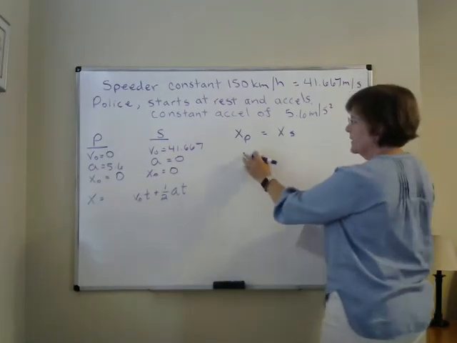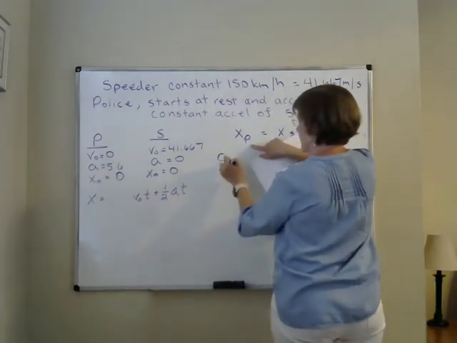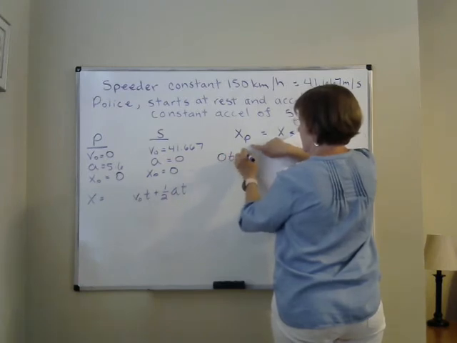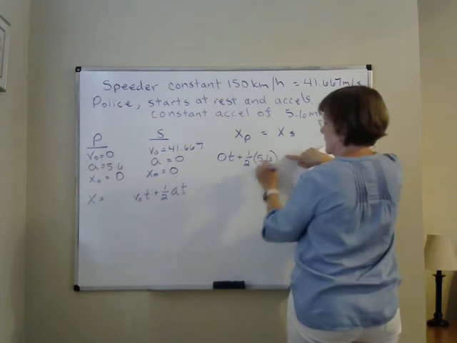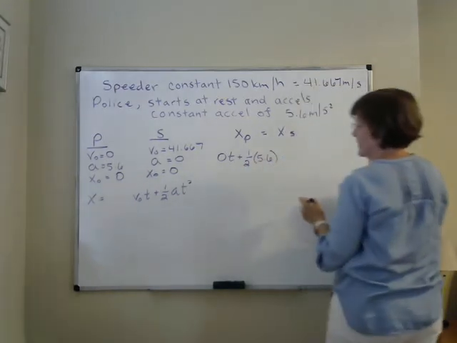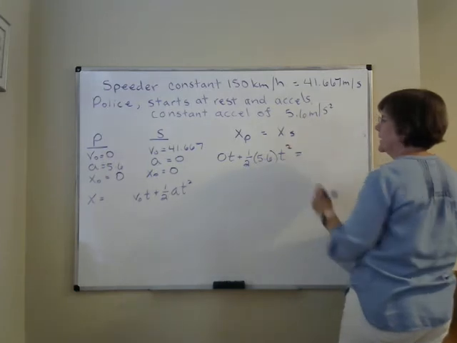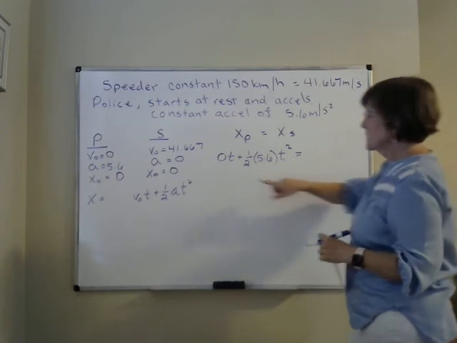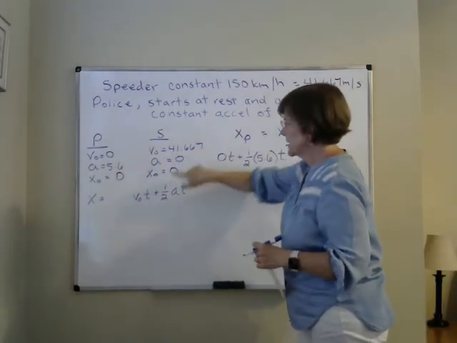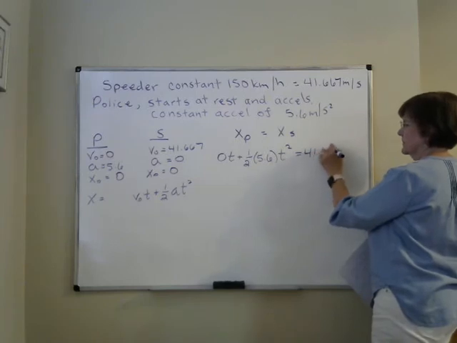So for the police officer, his initial speed is 0. So 0 times t plus 1/2 times 5.6, I left off the square, t squared has to equal. Now we come over here and we do it for the speeder. His initial velocity is 41.667 times t.